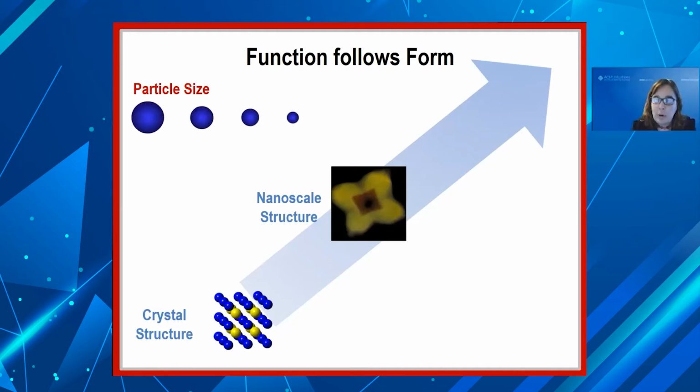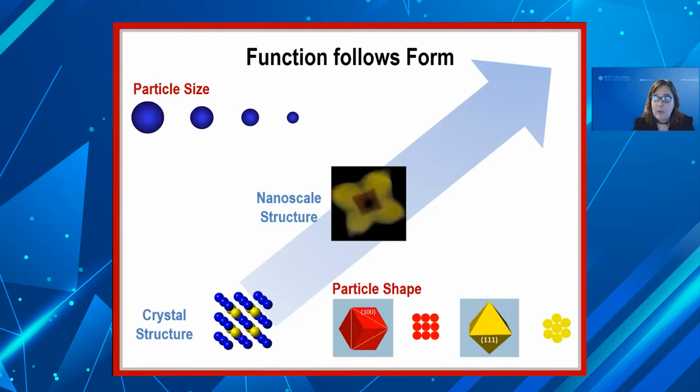In addition to particle size, particle shape is important to the function displayed by metal nanocrystals. We can consider, for example, a face-centered cubic metal such as platinum, palladium, or gold, and when prepared as a nanocube, it will selectively express what's known as the 100 facets, which have an open packing arrangement of atoms, in contrast with when the exact same metal is prepared as an octahedral nanoparticle.